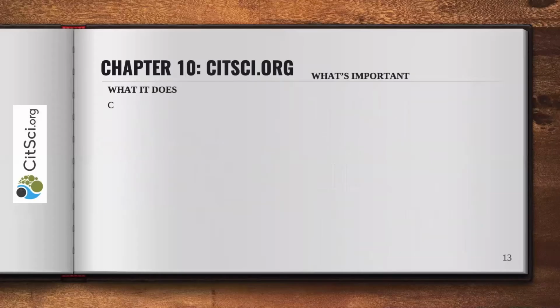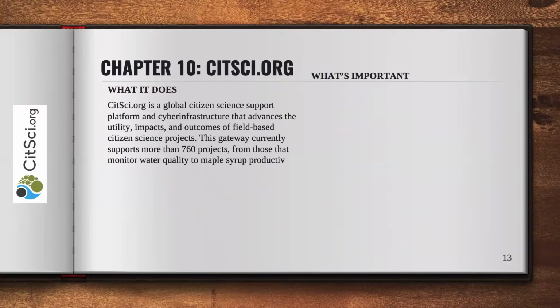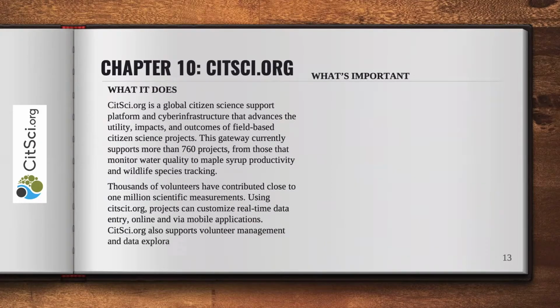It's actually this next gateway, Greg Newman's citizenscience.org. So this is a framework for others to use to develop their own citizen science projects. So you use citsci.org and you've got all the underpinnings to launch your own citizen science project, no matter what that is.